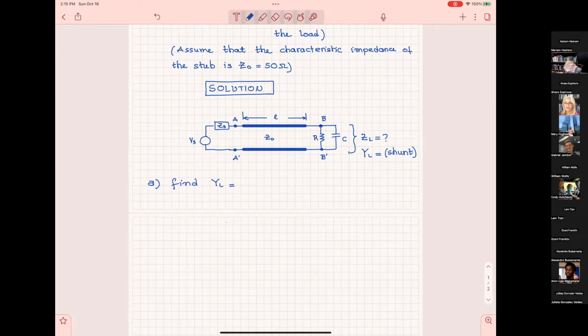What that implies is if I have a conductance, G, and I have a C, in this particular case, YL will be G plus j omega C. However, here I have given you R. And what is G? G is 1 over R. All right? So practically, your YL is going to be 1 over R plus j omega C. All right? Because of this one here.